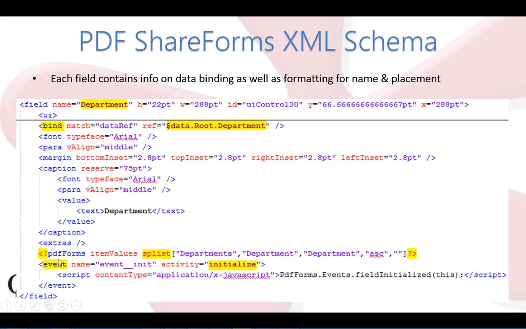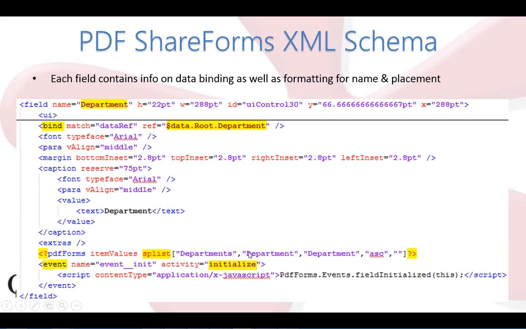And then down here we see a PDF ShareForms node that indicates SP list, that stands for SharePoint list. So this is bound to a SharePoint list on my SharePoint site that pulls in the values for department. Inside these brackets are the parameters for the query. So you'll see it's going off and finding the departments list.